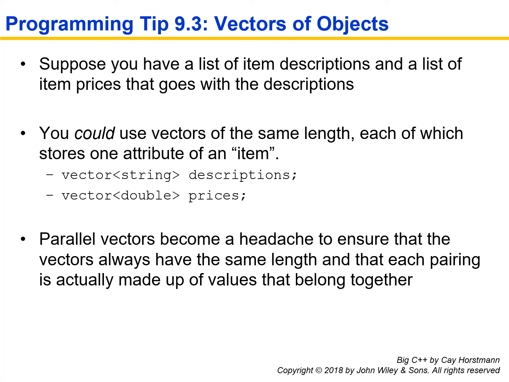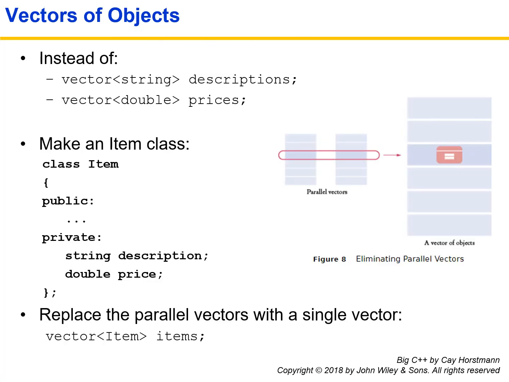Parallel vectors, having one vector of descriptions and another vector of prices, get to be a pain. What's better is to make an item class, which has the description and the price as data members, and then replace the parallel vectors with a single vector, vector of item, called items.